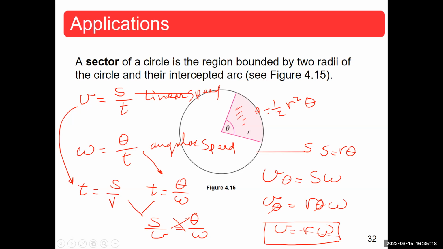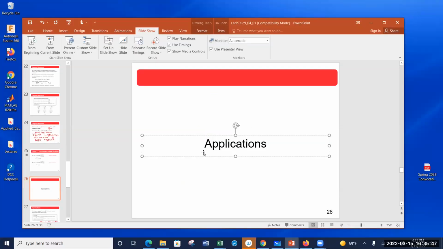Linear velocity equals R omega. There is an example in the book. I don't have it in here. Let me look at the example. Did you have your book, Maria? I need to give that example.